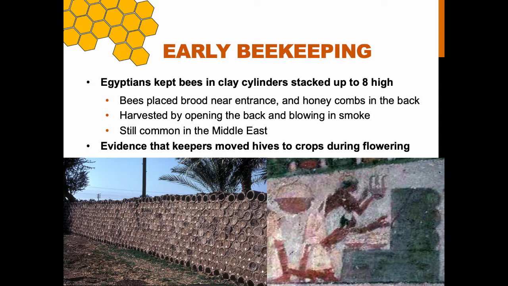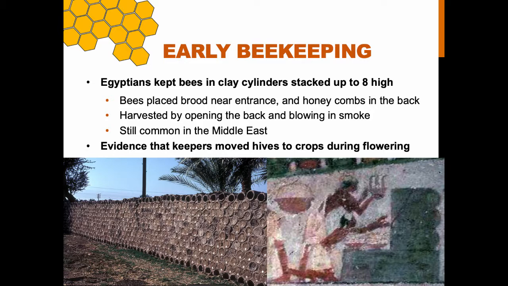But either way, these hives take advantage of the fact that bees tend to separate the parts of their hive where they rear brood, basically where they grow new honeybees, from the sections where they produce honey and leave it for storage. And in a hive like this, what bees will do is they'll put all their brood near the entrance, and they'll store all the honey in the combs in the back.